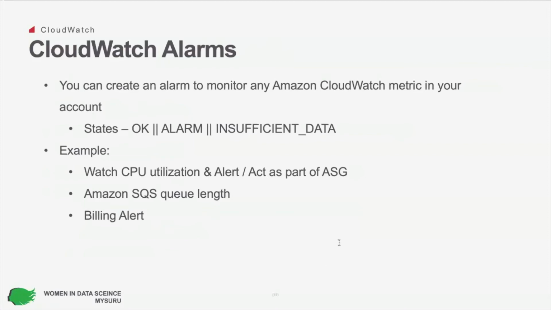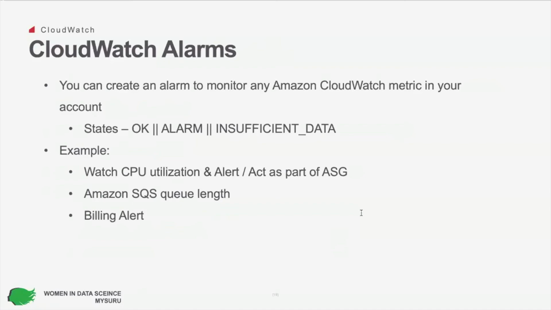So some examples of alarms are: watch CPU utilization of web servers and send an alarm to the auto scaling group if the CPU percentage exceeds the threshold, say 80%. Another example is to watch the SQS, your Simple Queue Service, length of the queue.